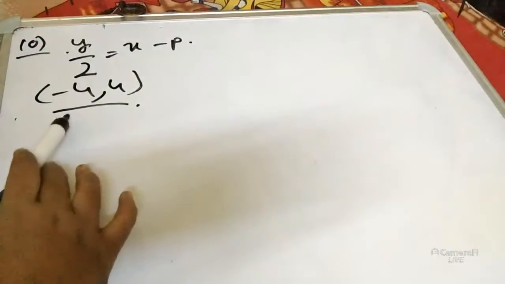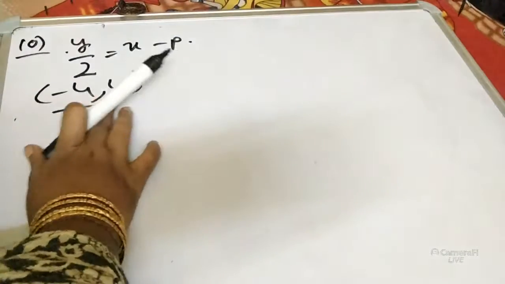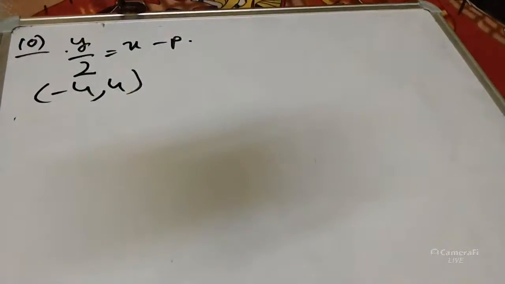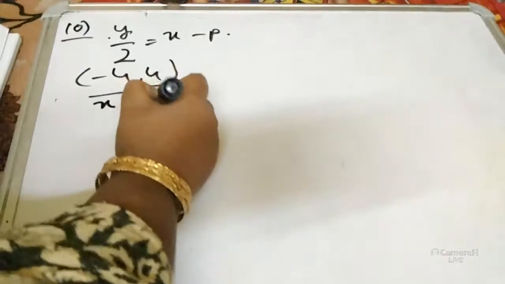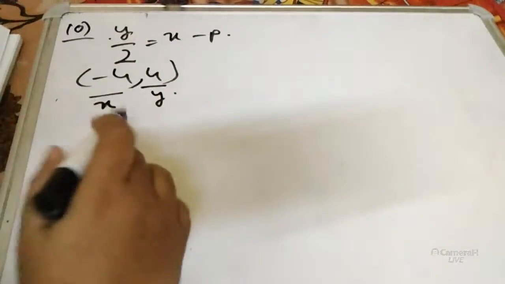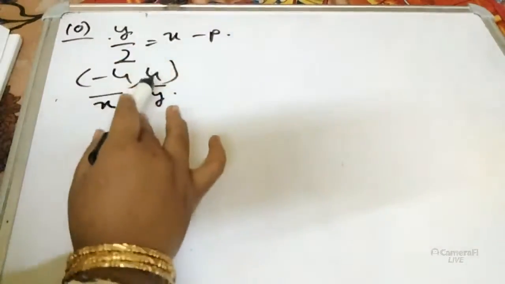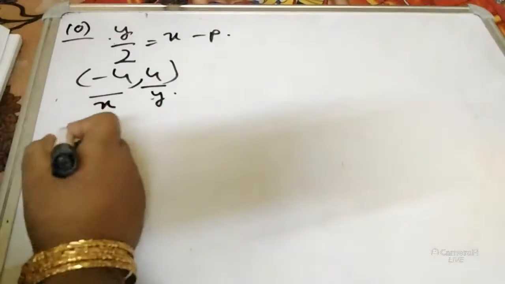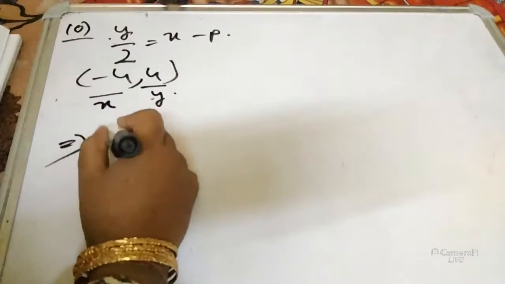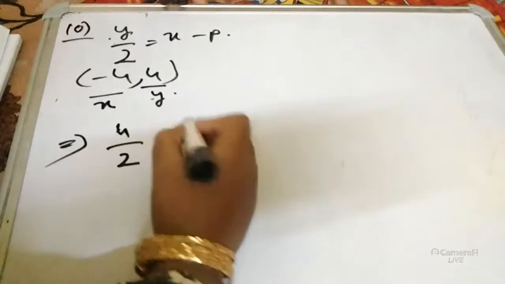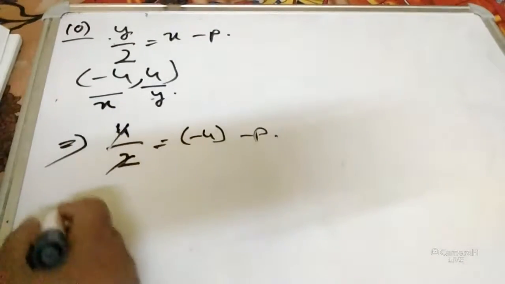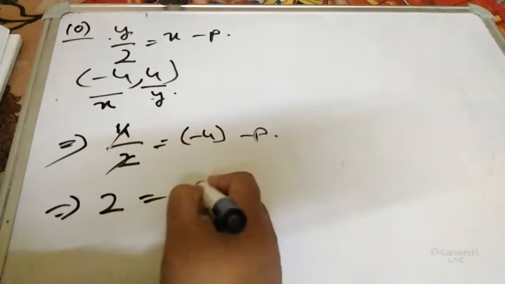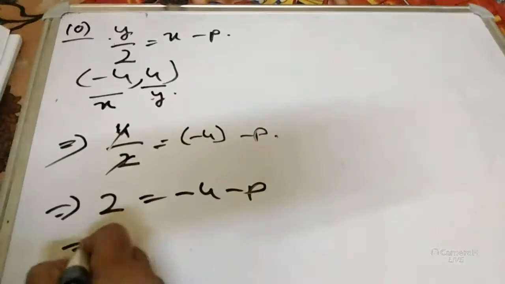So if this is the point minus 4 and 4, then we get the value of x to be minus 4 and we get the value of y to be 4. So value of x we will put over here, value of y we will put over here, and then we'll be able to find out the value of p. So it is becoming 4 by 2 and x is becoming minus 4 minus p. We are getting 2 is equal to minus 4 minus p.